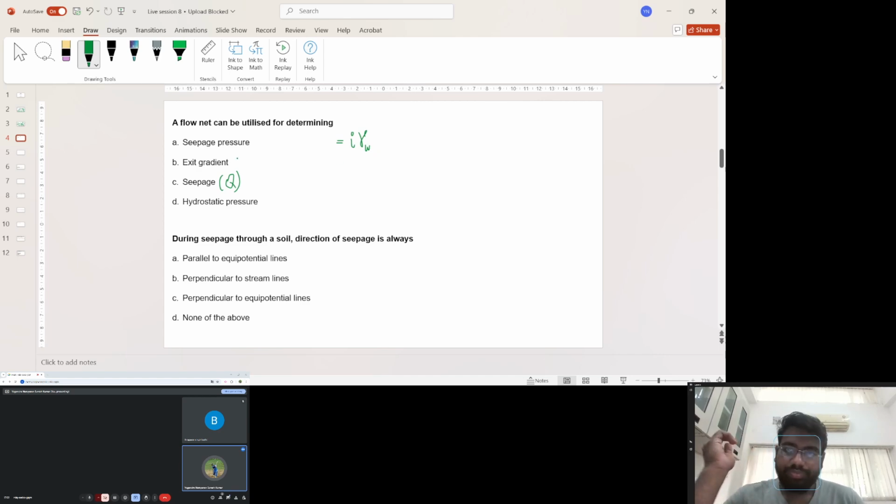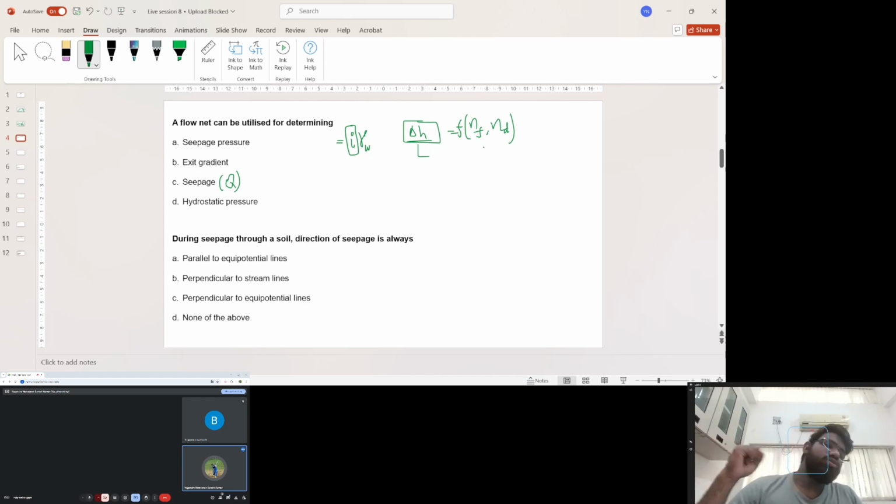For that you need delta h by L, which is i. Each delta h will depend upon the number of flow channels and the number of equipotential drops. So that's why the flow net will be useful for determining the seepage pressure.